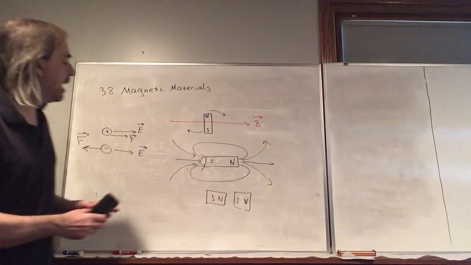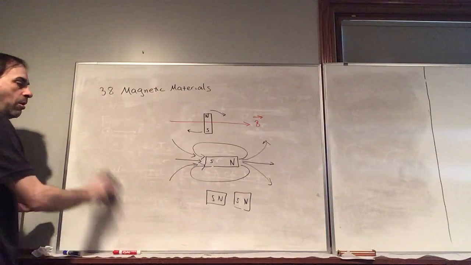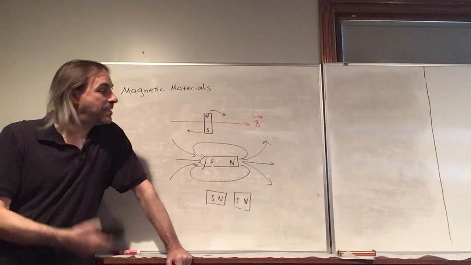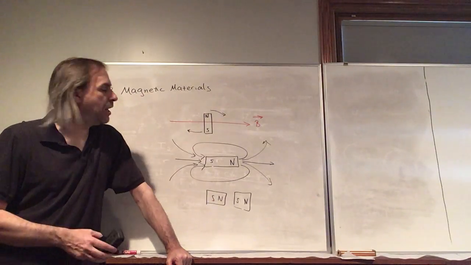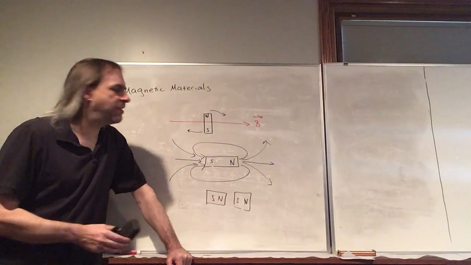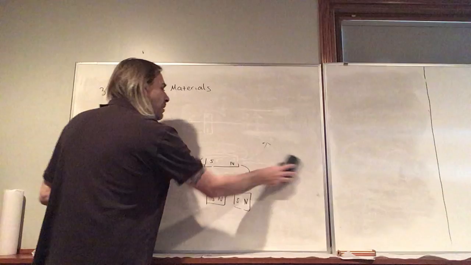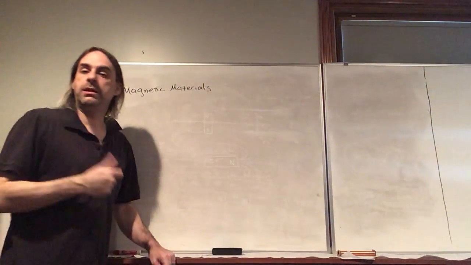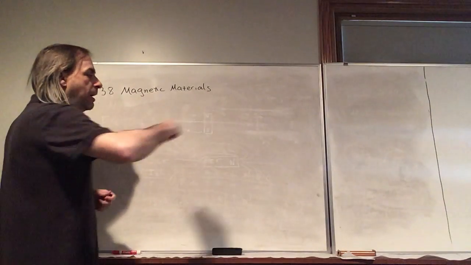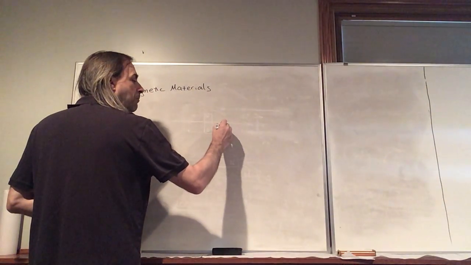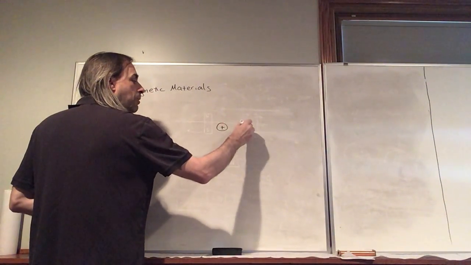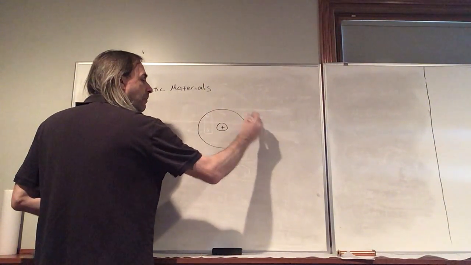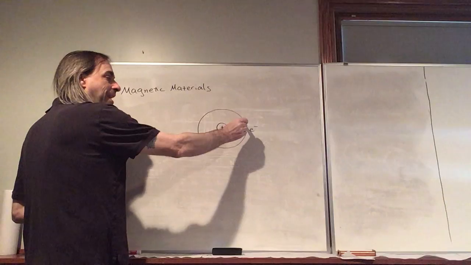Okay, now I mentioned that we can go all the way down to the atomic level, and atoms themselves act kind of like bar magnets. I think I mentioned this a little bit before, because ultimately the origin of magnetic fields is moving charges. So if you have the nucleus of an atom surrounded by electrons, this is a moving charge.